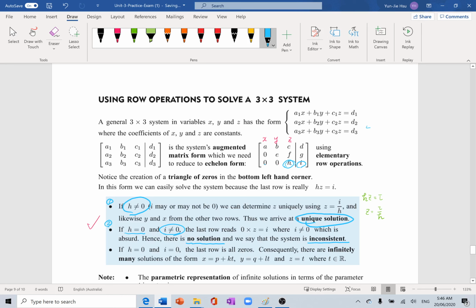Or how about if h is 0 and I is 0? These two cases students are always confused, remember? When h equals 0 and I is not 0, there is no solution. When h equals 0 and I is 0, that's infinity solutions. You mean many solutions.